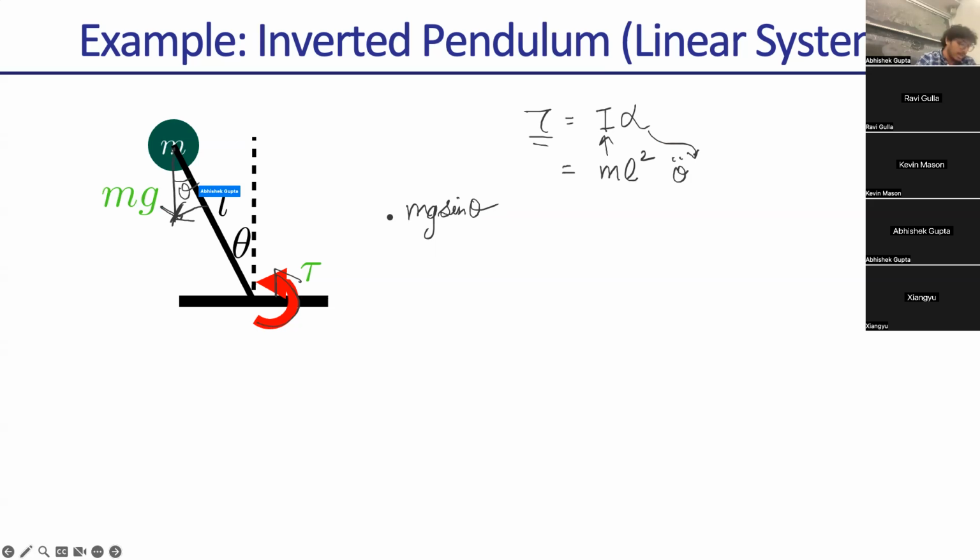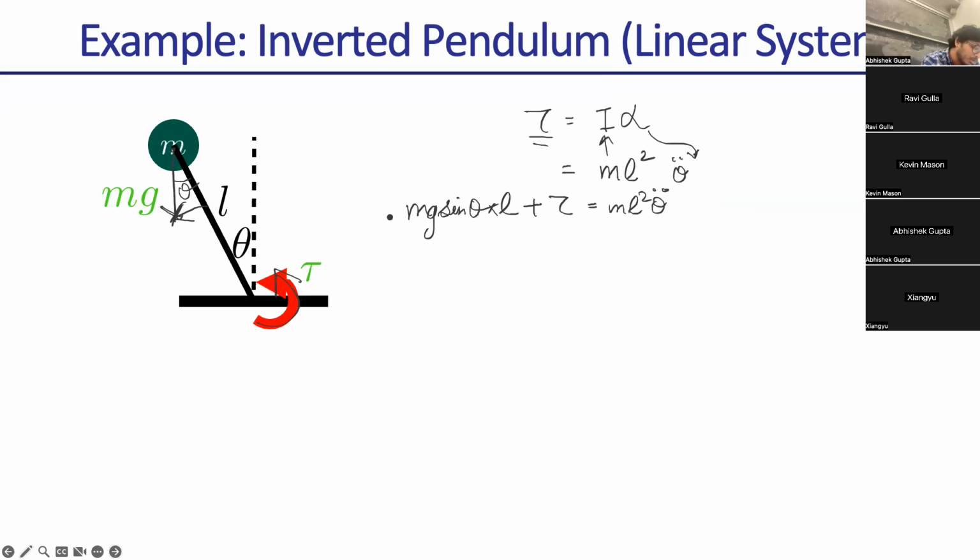And you want torque, so you multiply it by L, because that's the distance at which the torque is applied. And then you also have torque applied at the base of the system, something that just applies torque to the base. So now you have mg sine theta times L plus tau is equal to ml squared times theta double dot. Make sense? That's your equations of motion here, just from basic physics.